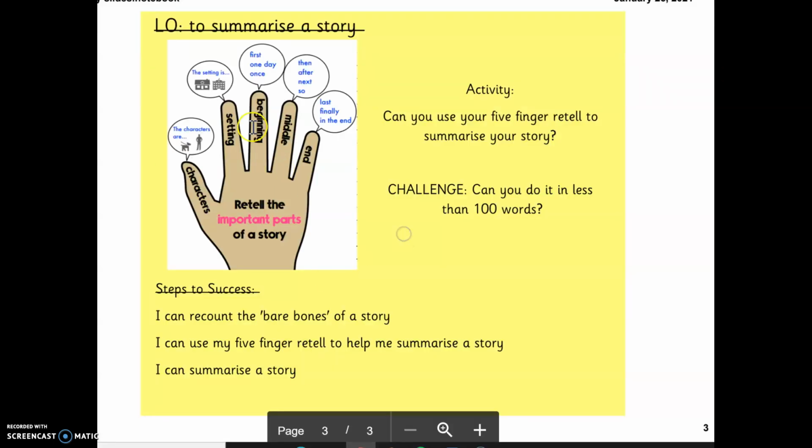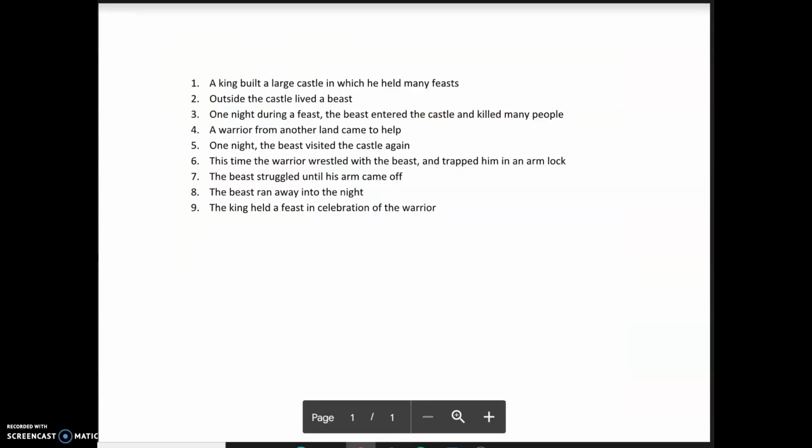So now we can go on to our first part of our retell, the beginning. So I'm just going to consult my little bare bones that I came up with. I know I'm going to have to talk about a king that they held lots of feasts and that there was a beast outside, because that beast is really important.